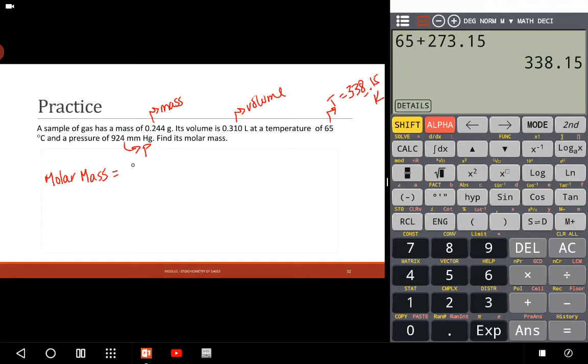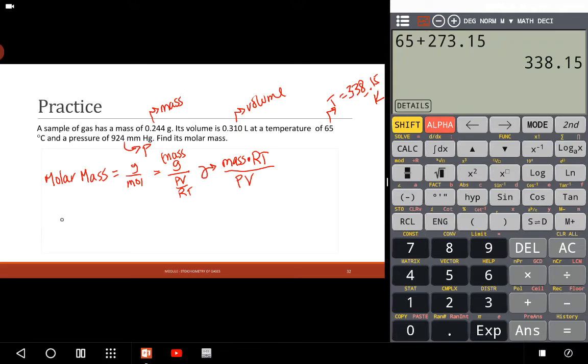We know that our molar mass is grams per mole, and that's going to give me my mass in grams over PV over RT, which will be my mass in grams times RT over PV.